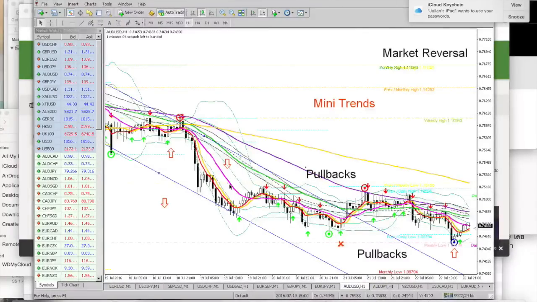How do I know that? I have a couple of moving averages. So the gold one here is the 200 MA. The purple is the 100 moving average. The green is a 55. This is a 21. We have 7 and 11 right here.